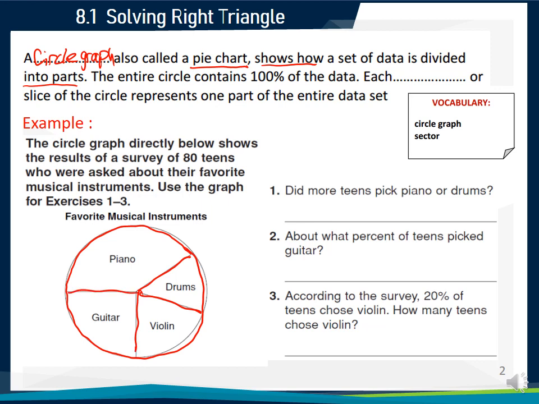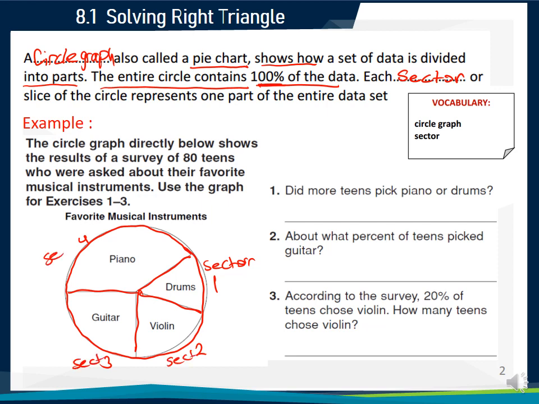The entire circle contains 100% of the data. If we add all the parts, part 1, part 2, part 3, part 4, the sum of the percents of all parts is 100% of the data. And each sector, what is a sector? Here we can divide the circle into sector 1, sector 2, sector 3, and sector 4.